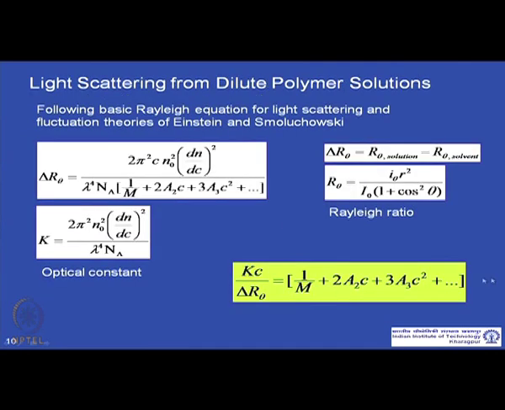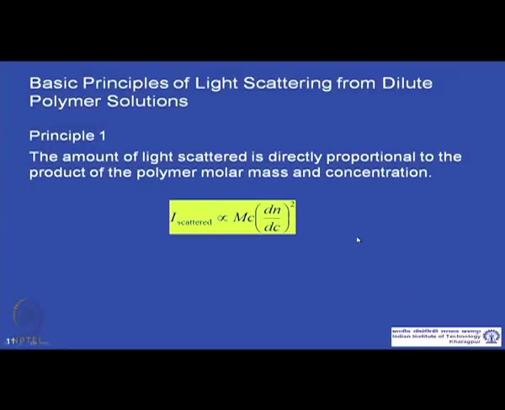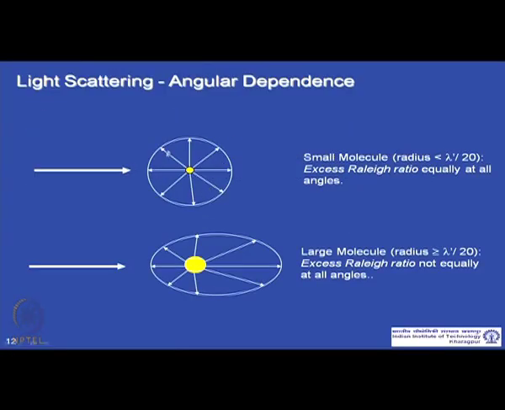Now, this expression is for a point scatterer, where the scattering from different parts of the molecule does not interfere with each other. If we plot the Rayleigh ratio against different angles, it will give the same intensity.